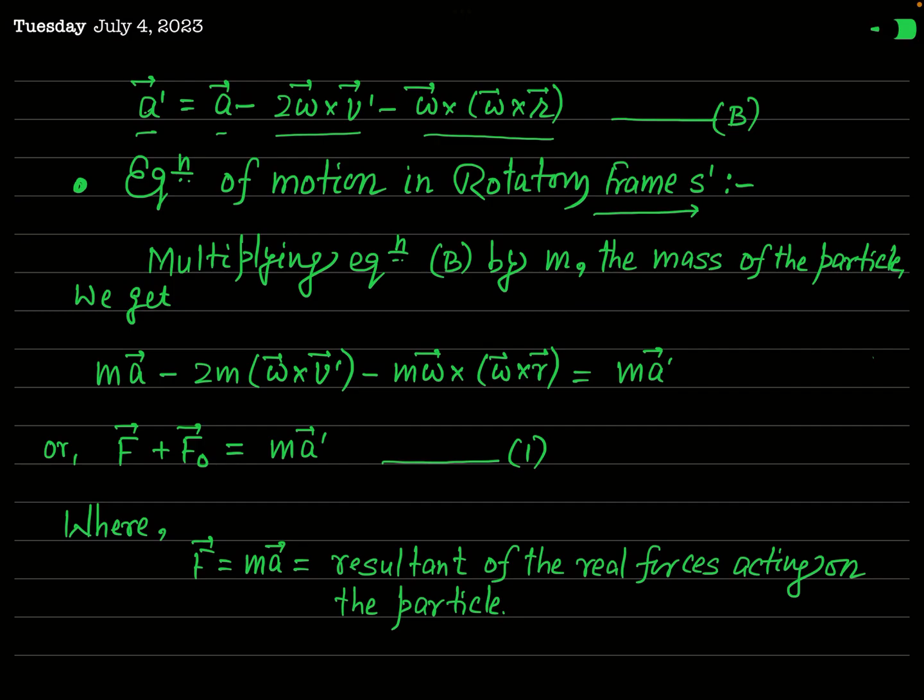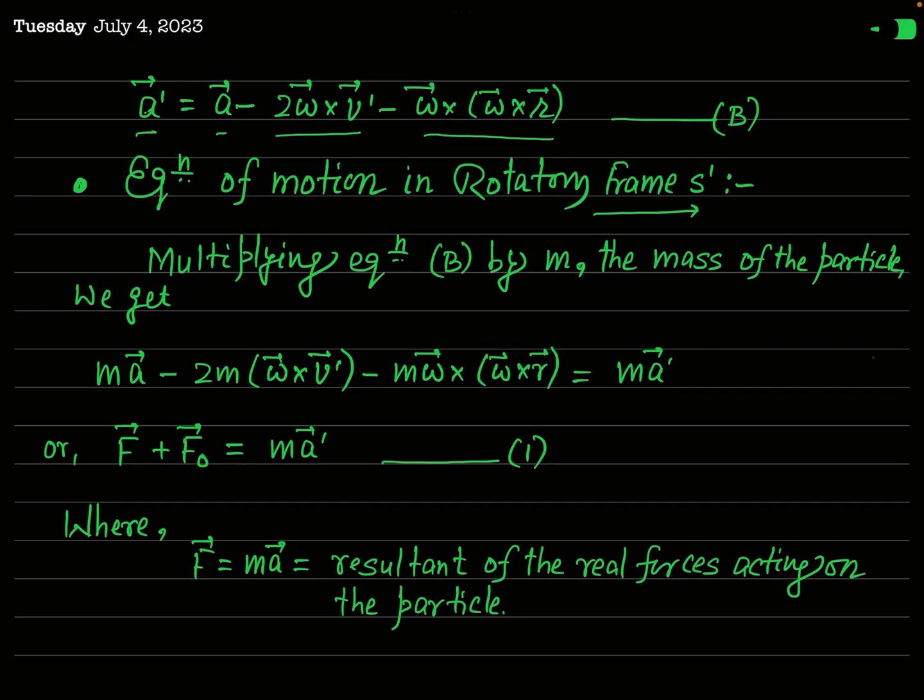Now our aim is to write down the equation of motion of the particle in the rotatory non-inertial frame. So how will we write this equation? This is just a simple concept. If you know the acceleration, you can easily apply Newton's second law of motion.